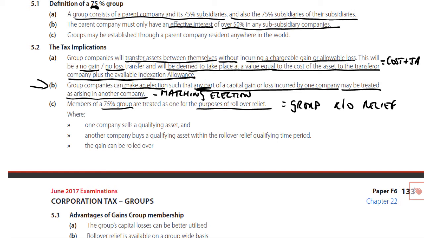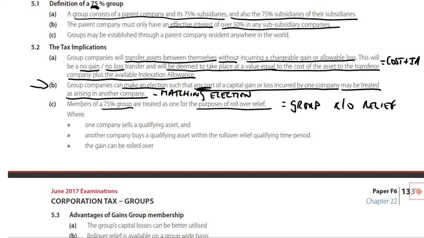We can now match. And the beauty of it is that with this matching election, you can go in either direction, i.e., you can move the gain to the loss or the loss to the gain. That's why we said earlier that there's no such thing as group relief of capital losses. It's actually better than that, because it's not just about moving a loss out of the loss-making company and into a company with a chargeable gain.